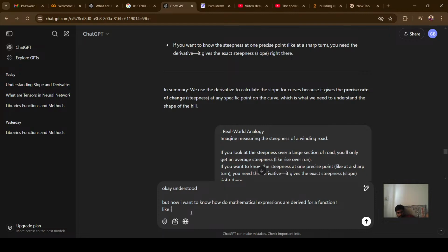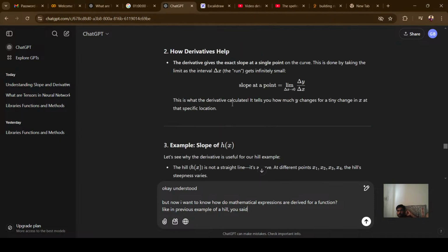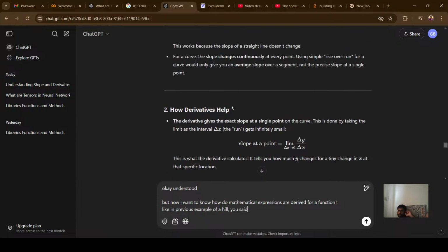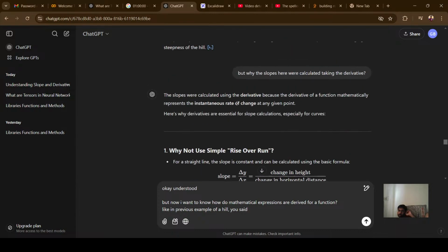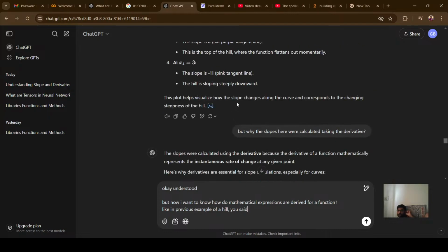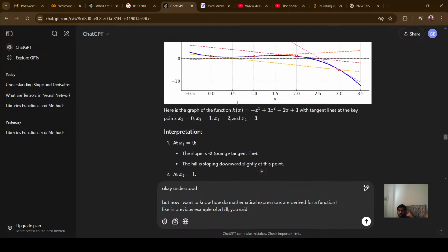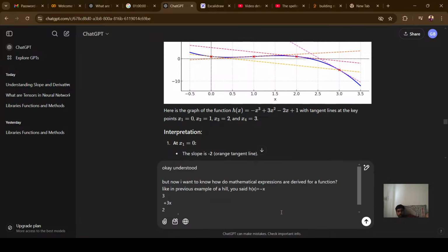Like in the previous example of a hill, you said height of hill.